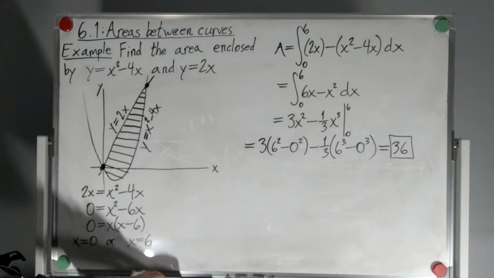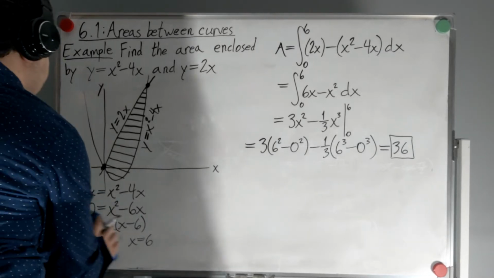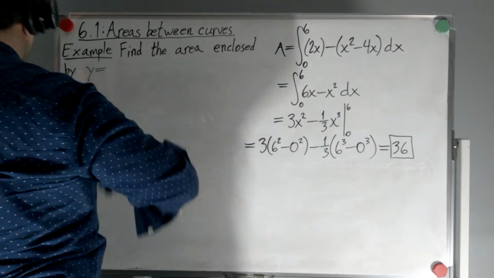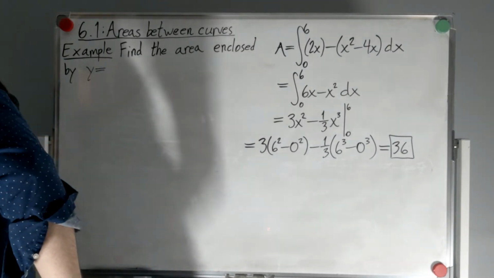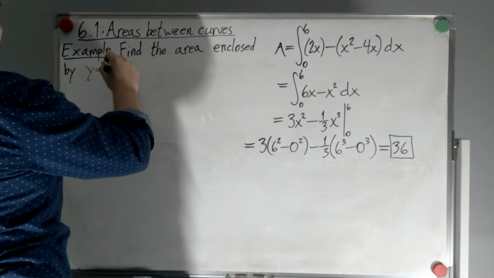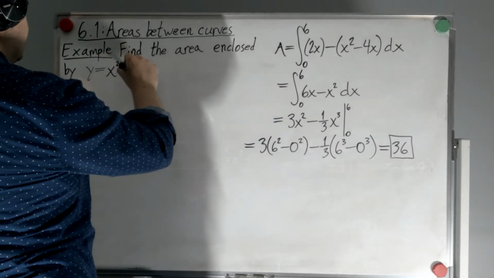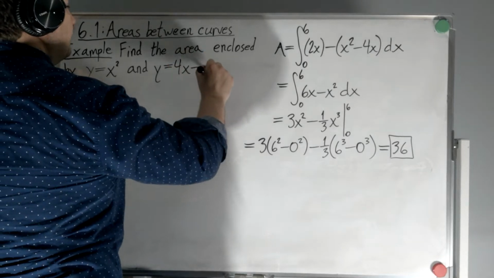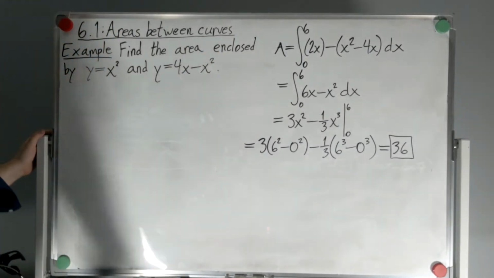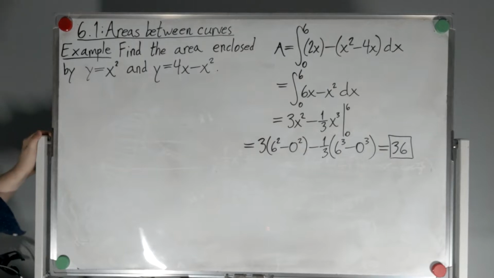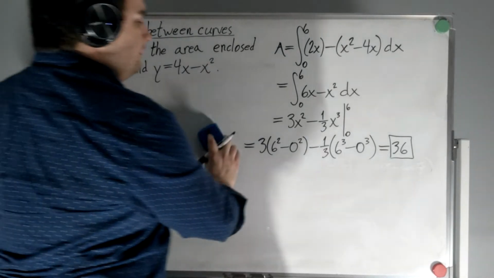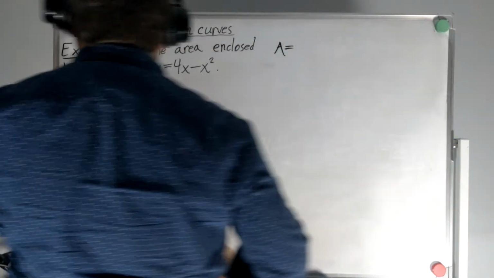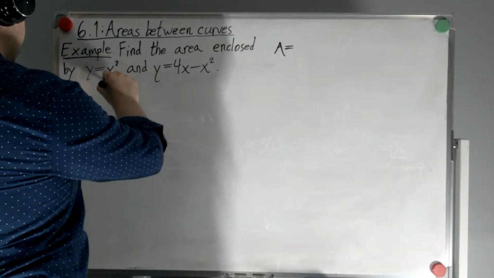Why don't we try another one? This one will be y equals x squared and y equals 4x minus x squared. So once again, in order to get an idea of what the shape of this region is, we should probably draw these 2 curves.